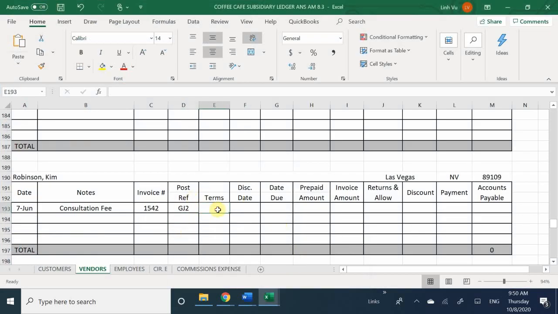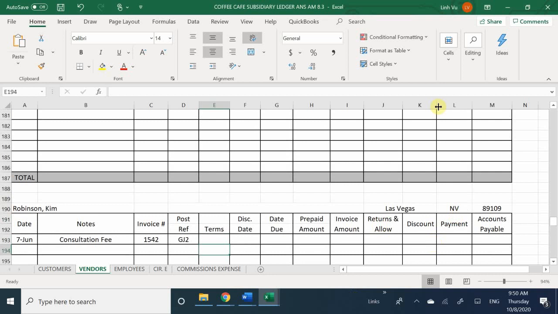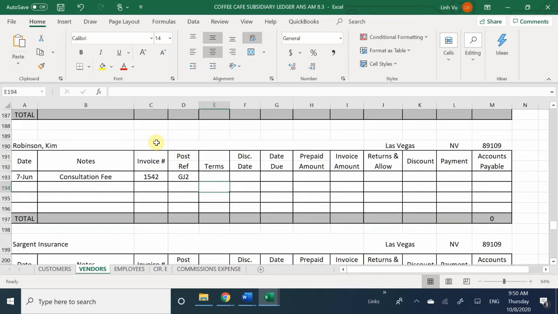So my terms here is going to be that I have to pay in full. Okay, I can't find my N. All right. So you're going to write here net 3 because that is when the bill is due. It's due in 3 days, right?